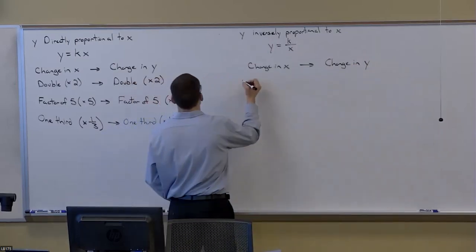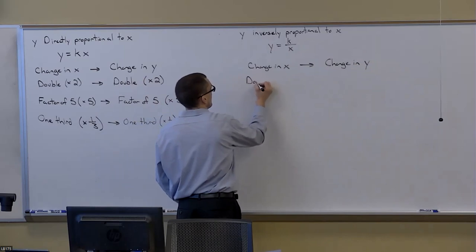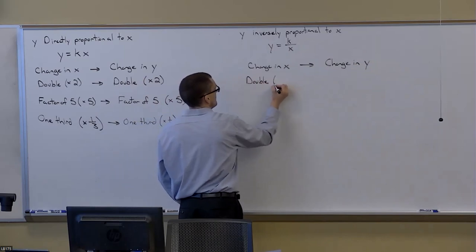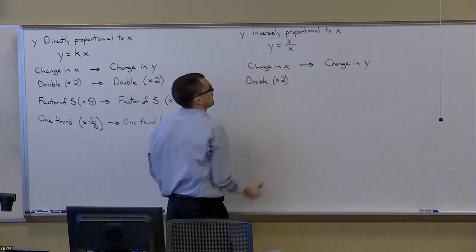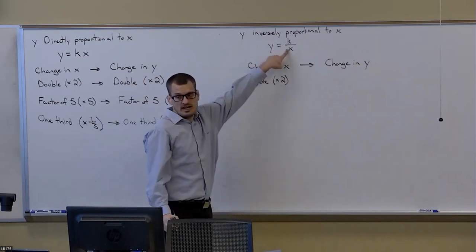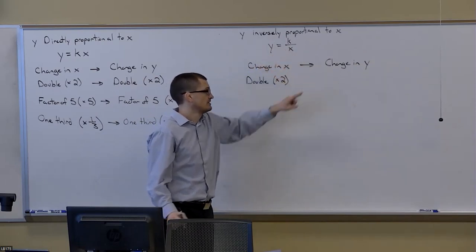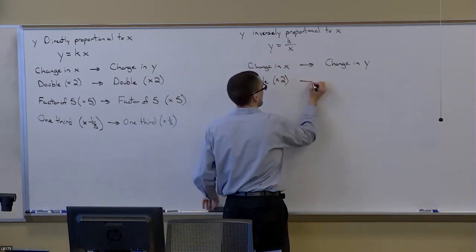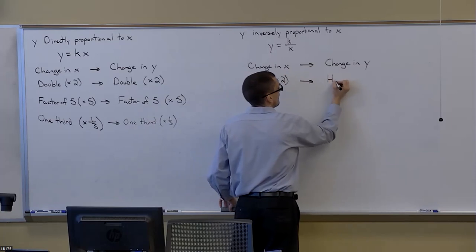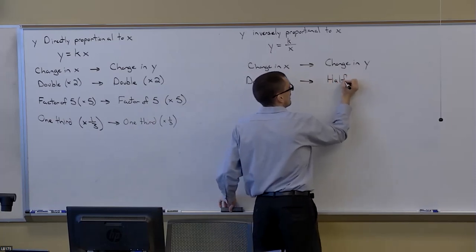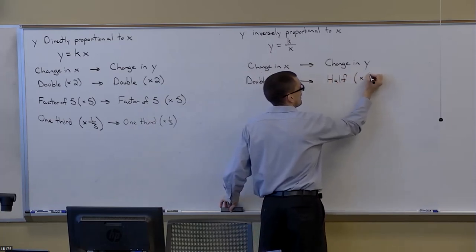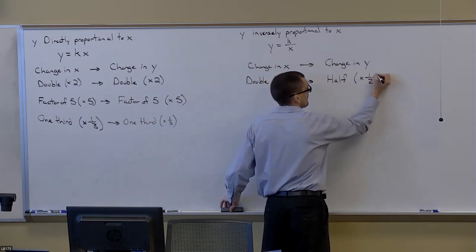If x is doubled, the denominator is doubled, and so the change in y is that y gets cut in half.